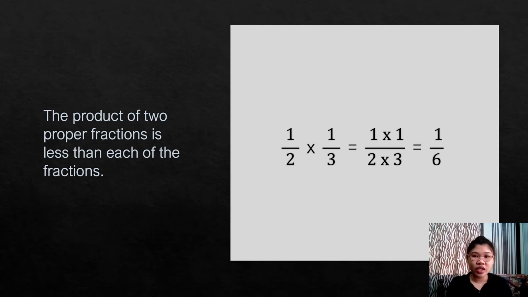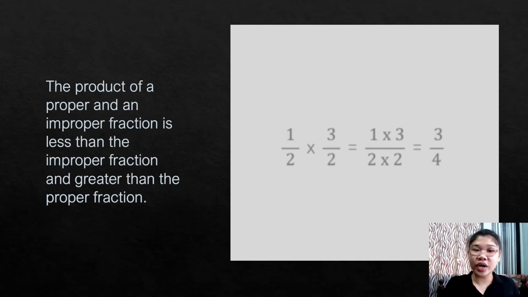According to this rule, the product of two proper fractions is less than each of the fractions. So 1/6 is less than both 1/2 and 1/3.